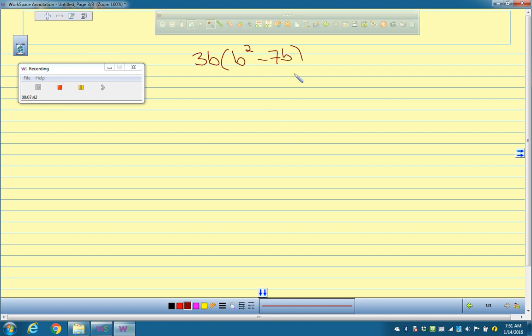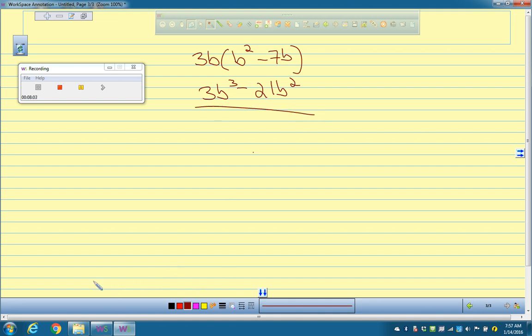You guys try that. Ready? So you should have gotten 3b cubed minus 21b squared. Yes? Good? All right, there you go.